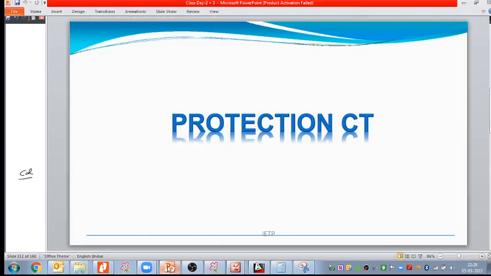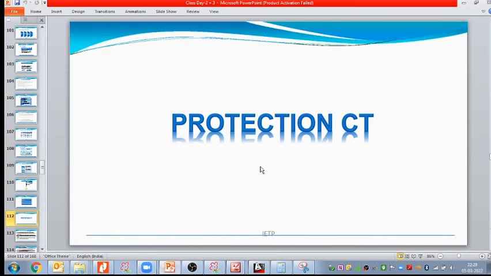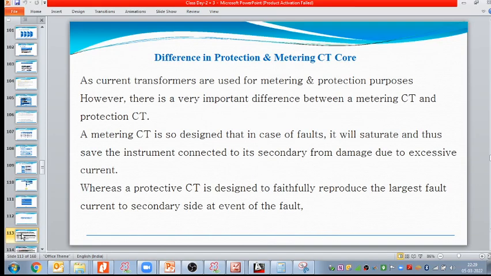So let us try to understand the difference between the metering core and the protection CT core. Accuracy is one difference. Other than accuracy, what other difference do we have? Current transformers are used for metering and protection purposes, metering of the current and protection based on the current.